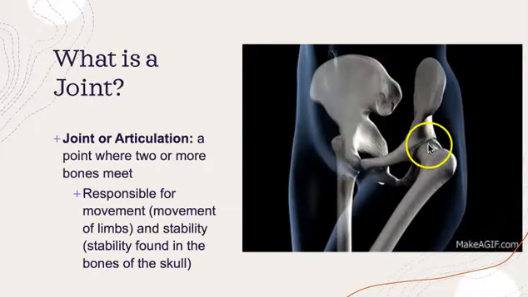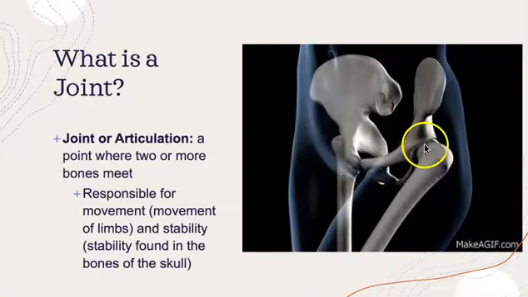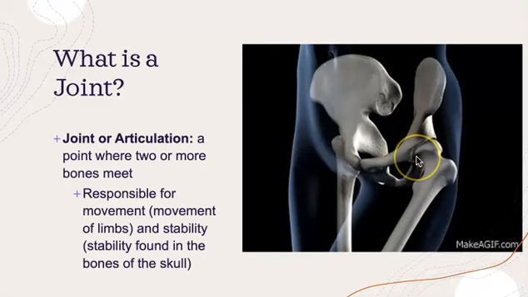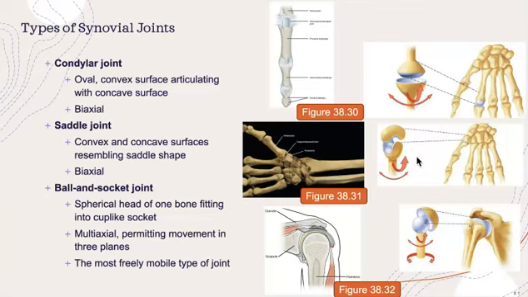Right here, where we have what we call the head of the femur fitting into the acetabulum of the hip bone. And as you saw from that movement of the hip, it is multi-axial, meaning that we have movement in 3 planes. We can flex, extend, abduct, adduct, and we also have rotation taking place along the longitudinal axis.